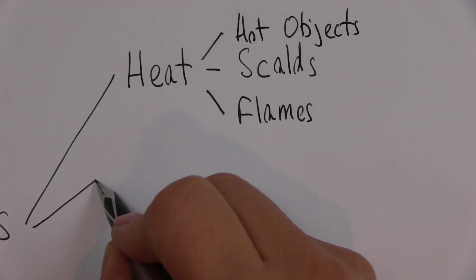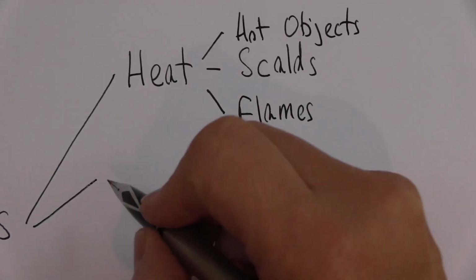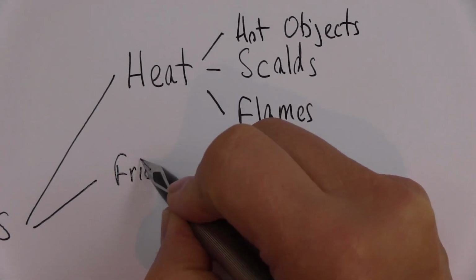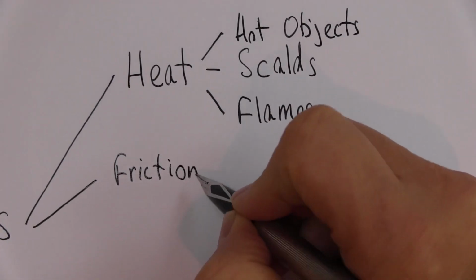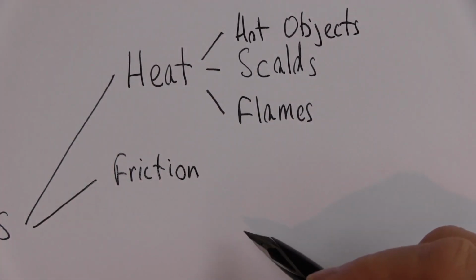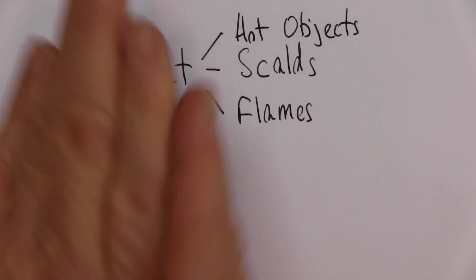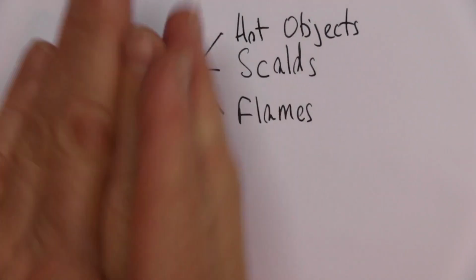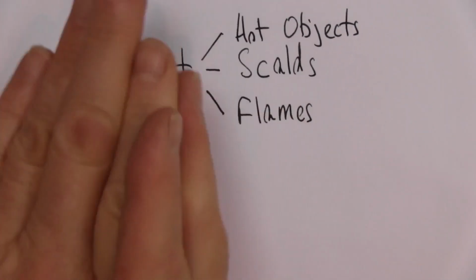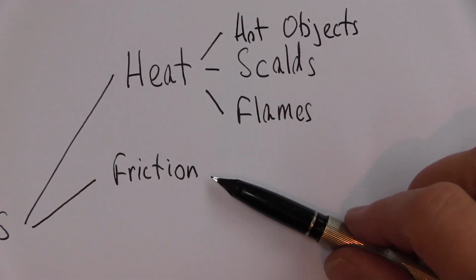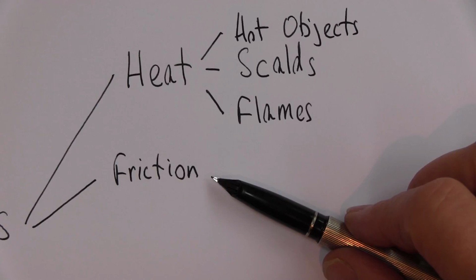And another cause, maybe less obvious, is friction. Friction burns. Now, when there's friction, when two things are rubbing together, then I can already feel that my hand is getting hot there, because friction is going to generate heat.